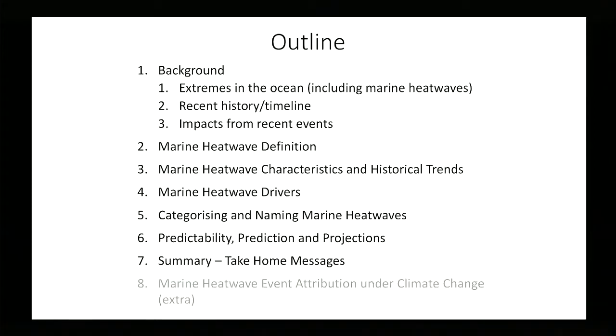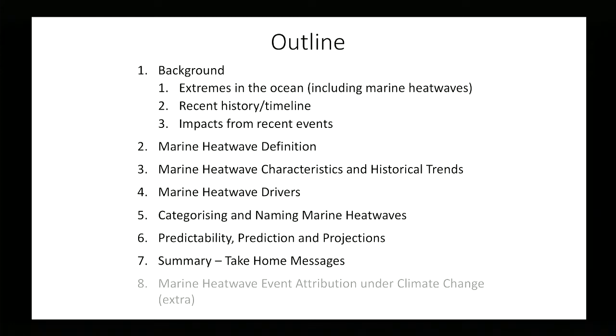I'm going to start with a bit of background, talk more broadly about extremes in the ocean, give you a bit of a recent history timeline and some impacts from recent events. Then I'm going to give you the marine heat wave definition that was recently developed. It's along the lines of the atmospheric heat waves that Michael Reeder talked about, except the timescale's a little bit longer.